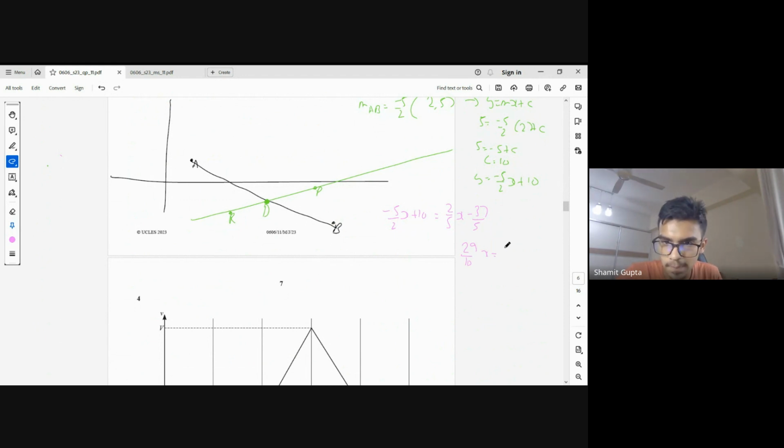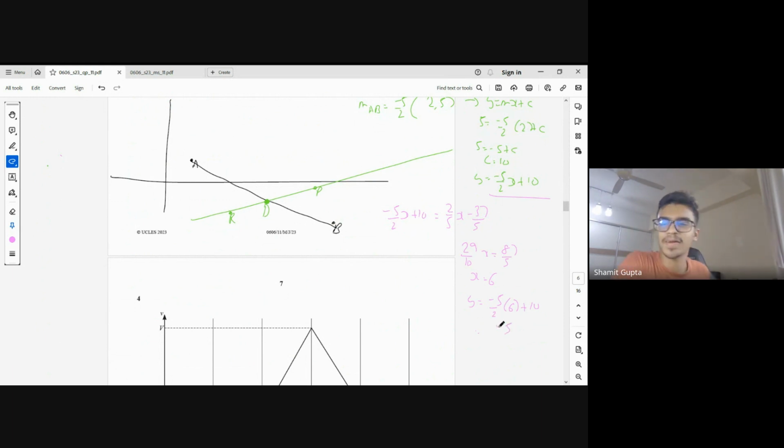It is 87/5. So x will be 87/5 times 10 divided by 29. x will be 6. y will be, just use any equation, so I'll just use this, -5/2 times 6 plus 10, -30, -5.